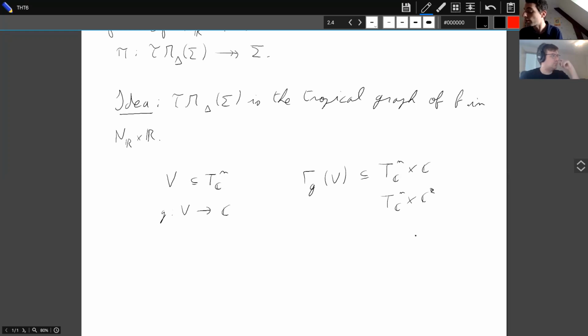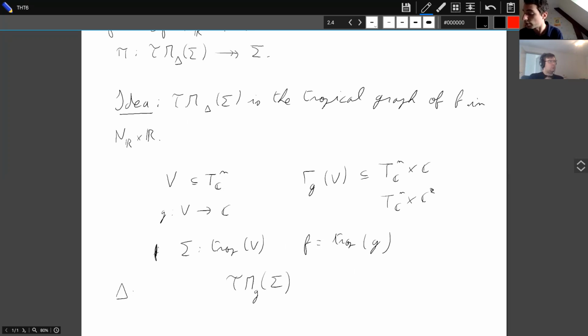And more or less, my sigma will be the tropicalization of V. My F will be, if it has a meaning, I don't know if it has a meaning actually, the tropicalization of G, and the tropical modification of sigma along f.